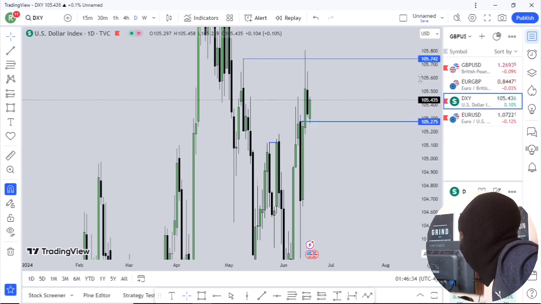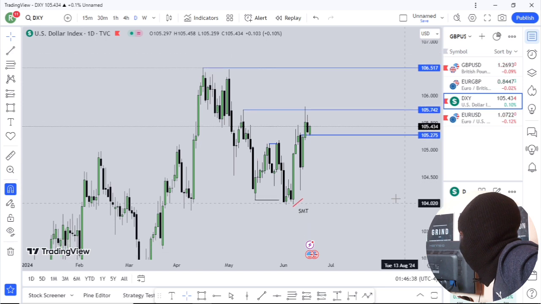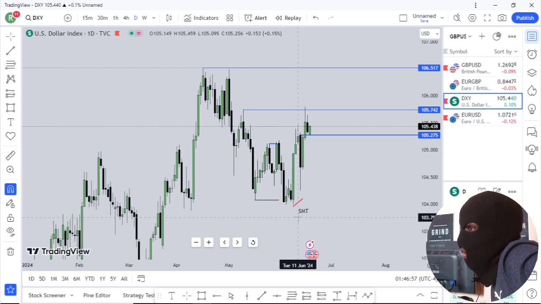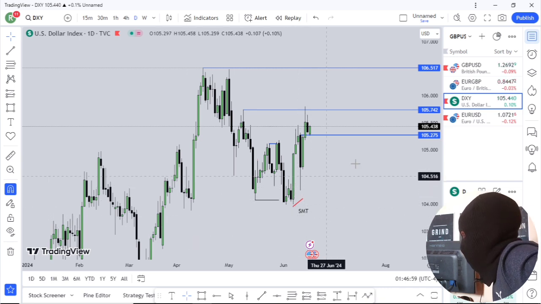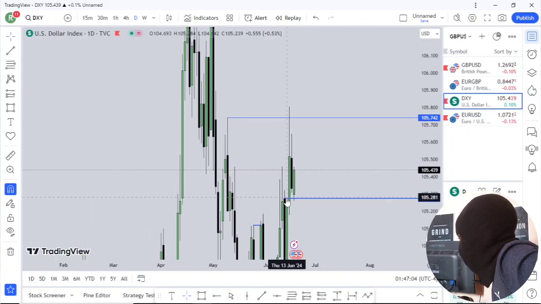When we check on the daily, DXY is super bullish, and it also had some kind of SMT between the dollar and the British pound. When we check the DXY at the moment, we are trading at a bullish order block within this daily fair value gap.